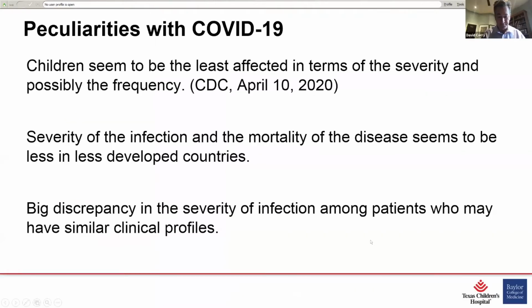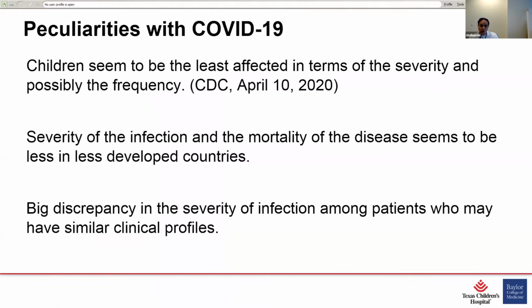So some peculiarities regarding COVID-19. One, children seem to be the least affected in terms of severity and possibly even frequency, which is totally counterintuitive to what we know about respiratory tract infections, where kids tend to be affected with more frequency and with greater severity than adults.